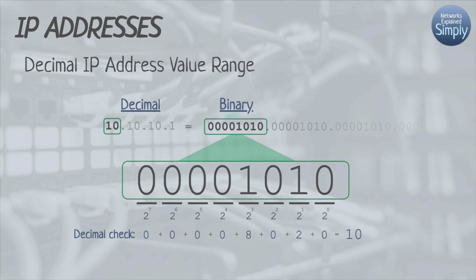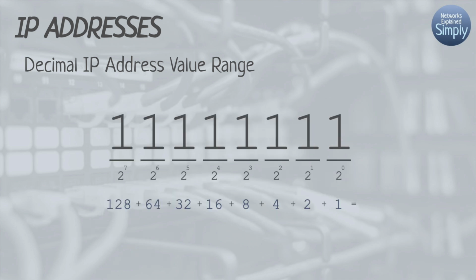This means that with 8 bits, or 1 octet, the largest binary number we can create is 1111 1111. If we convert that number from binary into decimal, the value is, you guessed it, 255. So 255 is the largest number allowed in a decimal IP address because it's the largest number that we can make with a binary octet.